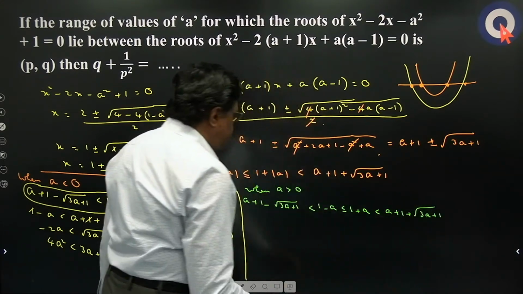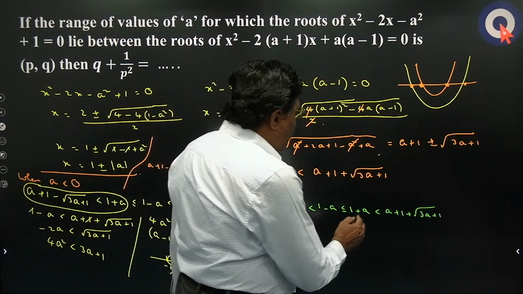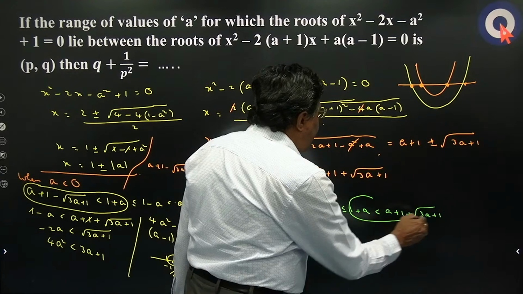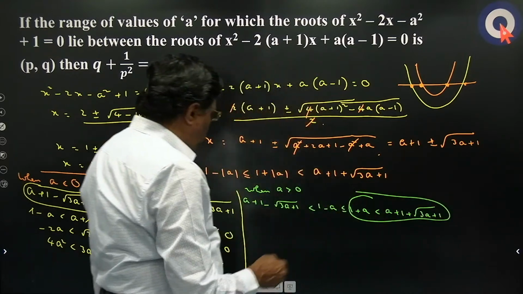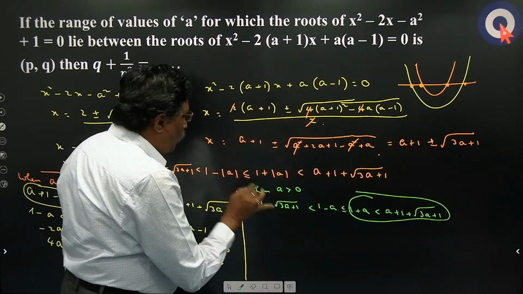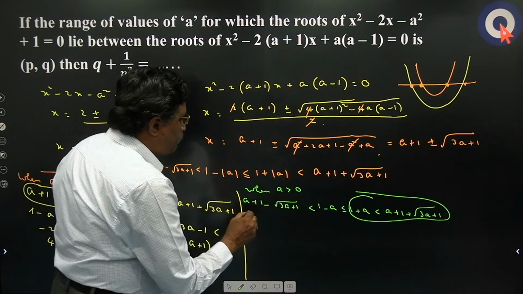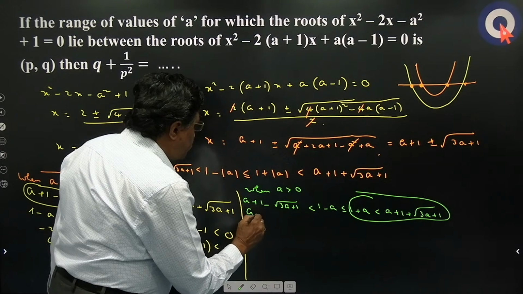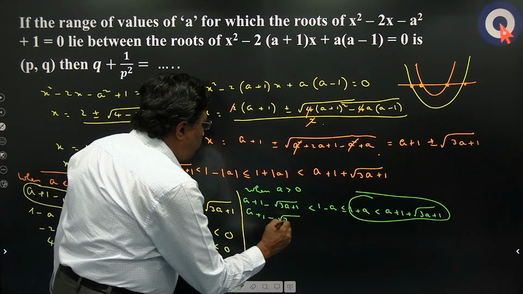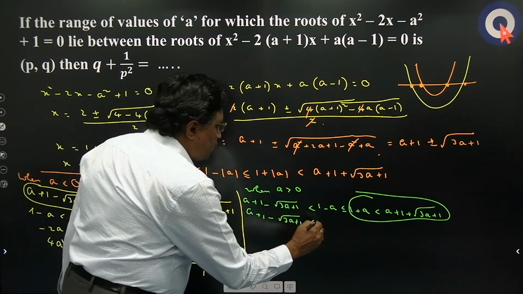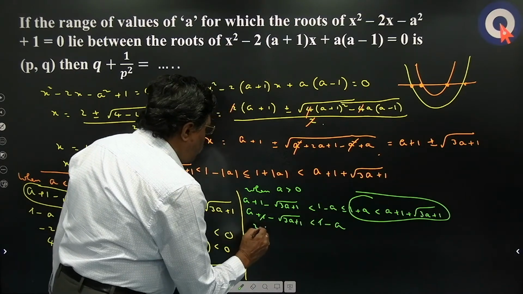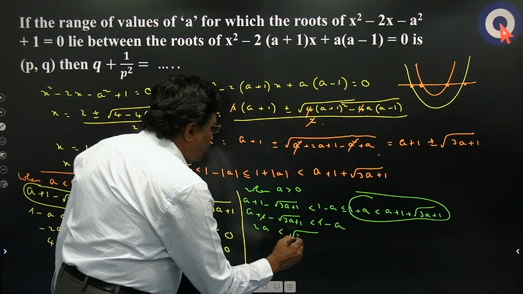So 1 plus a less than 1 plus a plus root of 3a plus 1 is again valid always. So therefore, we can ignore that and need to concentrate only on this part. So here a plus 1 minus root of 3a plus 1 is less than 1 minus a. You can cancel this one and you have 2a less than root of 3a plus 1.